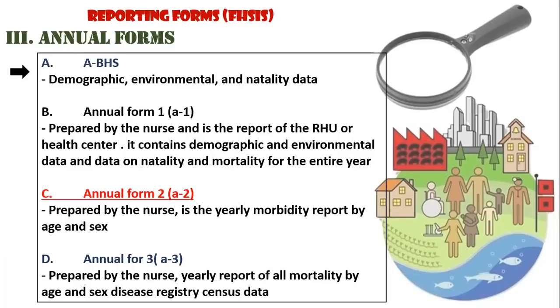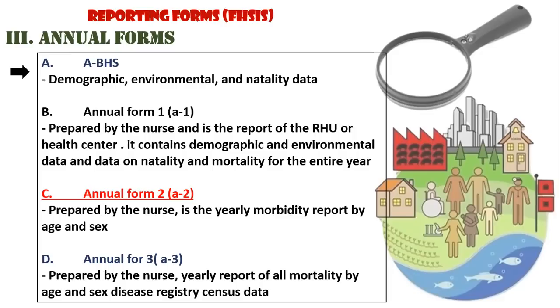So, meron tayong A1 na tinatawag. Annual form prepared by the nurse and is the report of the RHU or the health center. It contains demographic and environmental data and data on natality and mortality for the entire year. So, pag annually form, consists of data and indicators needed only on a yearly basis.